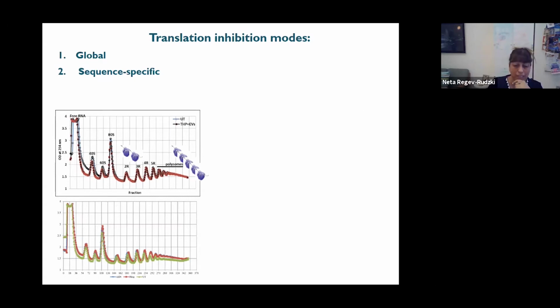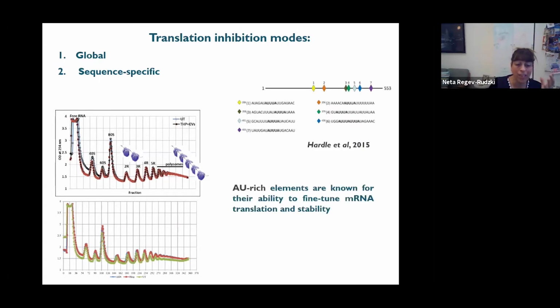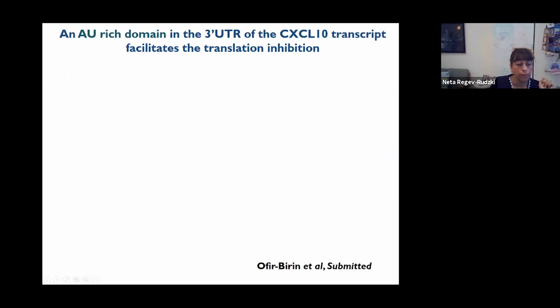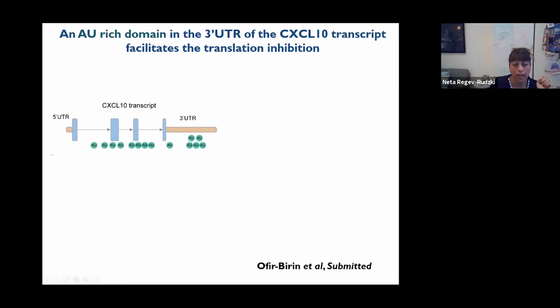And the second point that I would like to mention is that AU-rich elements located within RNAs are known for their ability to fine-tune mRNA translation and stability. And indeed, when you look at the 3' UTR of the IP10 transcripts, we could identify several AU elements in this region.